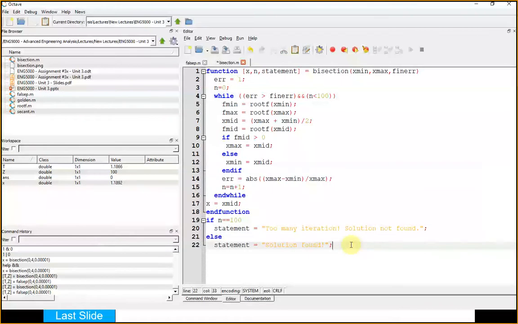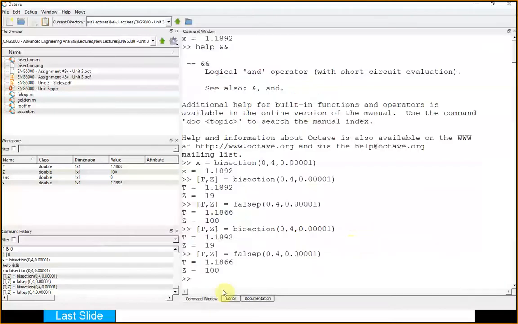You could even do a dialog box. Let's do a check if I can do a dialog. Just checking.